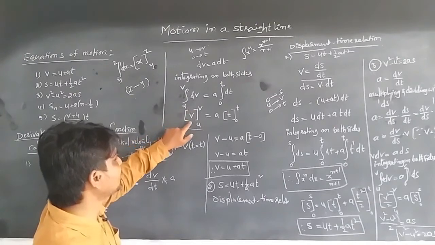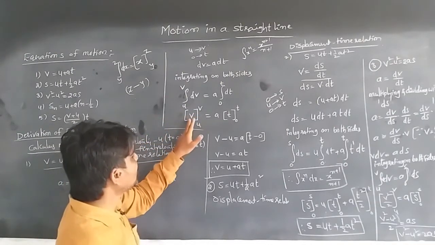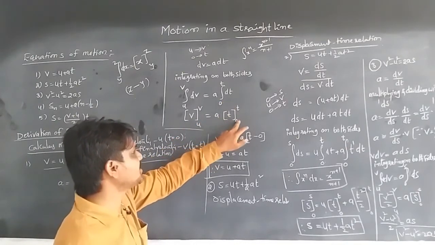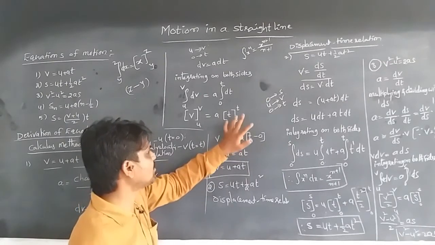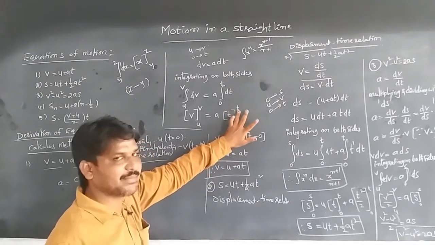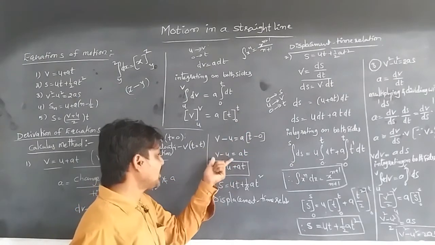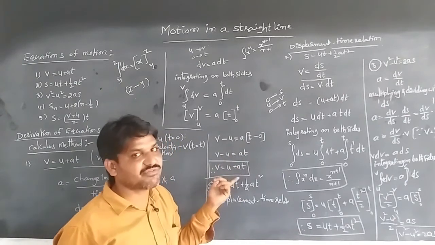Applying the upper limit minus lower limit, v minus u is equal to a into integral dt, which is t between the limits 0 to t. So v minus u is equal to a of t minus 0. So v minus u is equal to at. This is the first equation of motion.